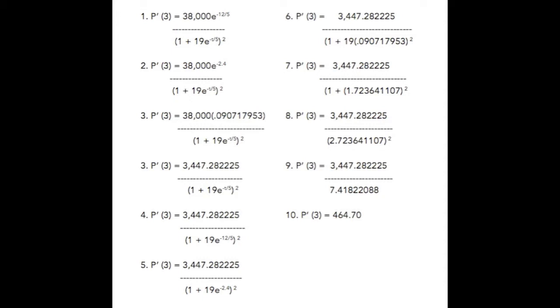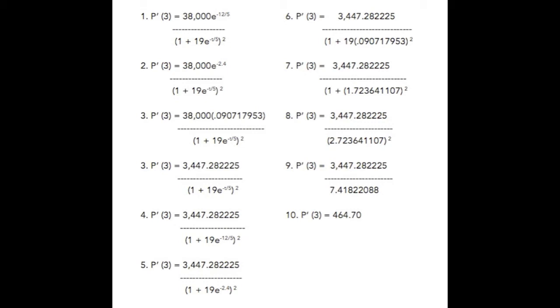That answer you multiply times 38,000, giving you an answer of 3,447.282225. And all of that should be over 1 plus 19e to the power of negative t over 5, in parentheses, everything to the power of 2.